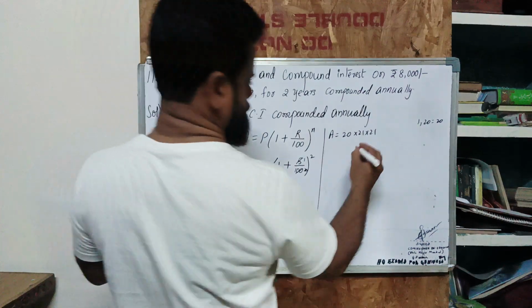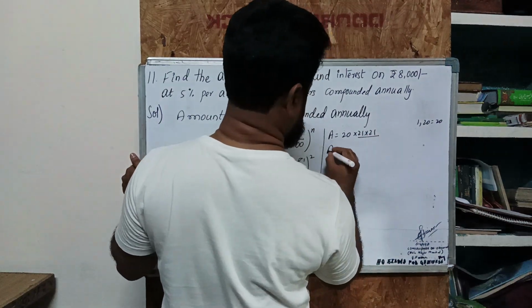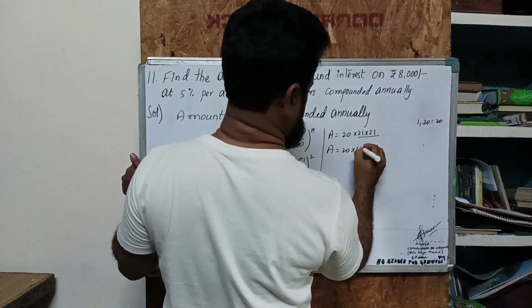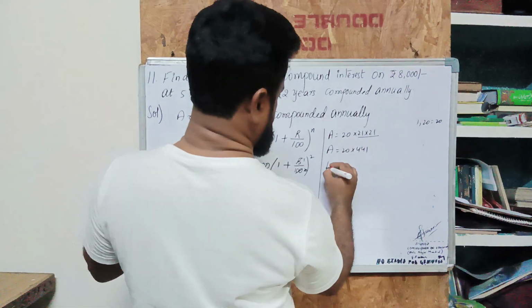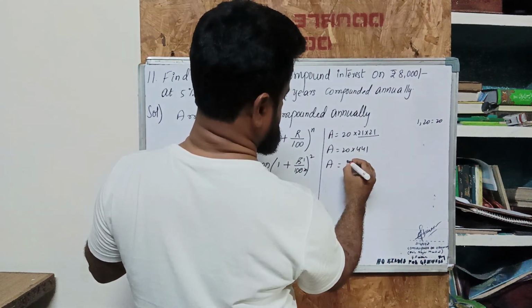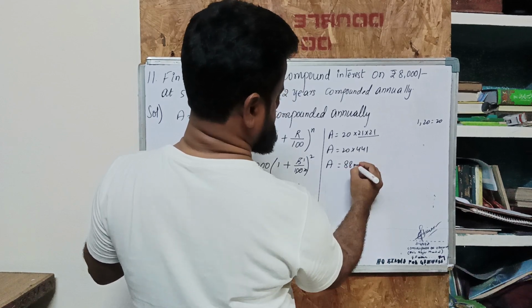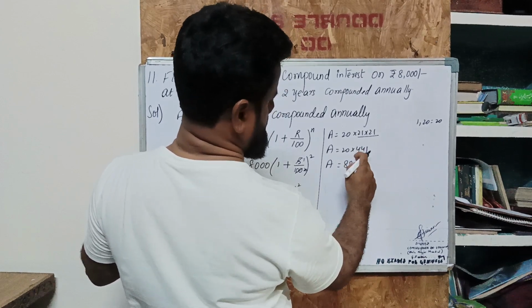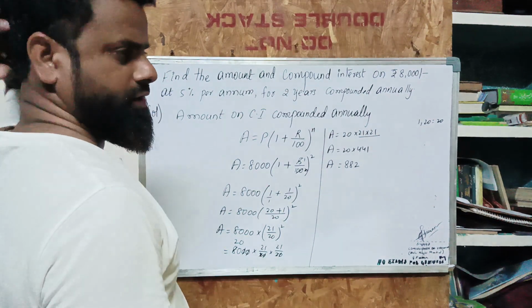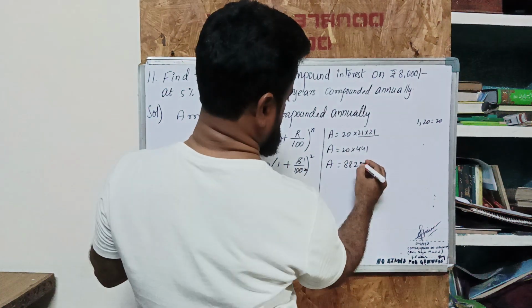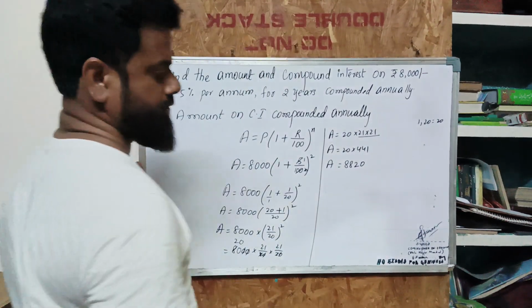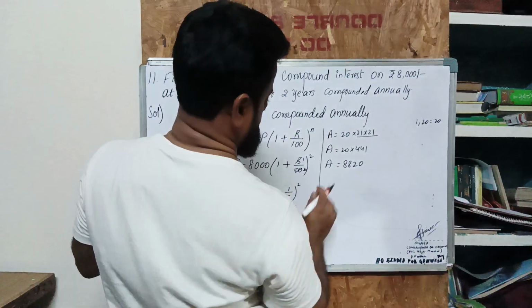So now 21 into 21 is 441. Multiplying this by 20, we double 441 and get 882, and a 0 is there, so 8,820. So this is your amount.